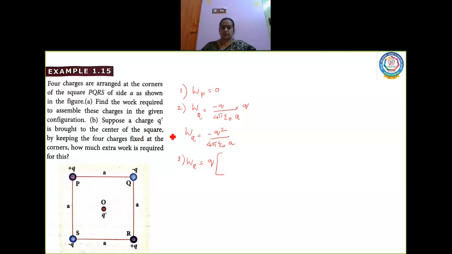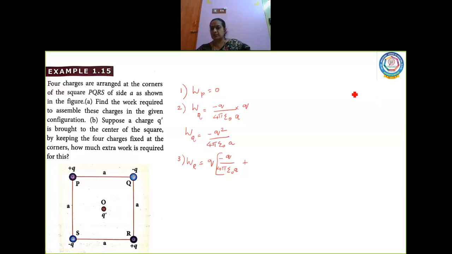So minus q, the potential is minus q by 4 pi epsilon naught a, plus, what is the potential at P? Now here I have to consider the distance, which should be the diagonal. So what should be the distance PR, children? PR will be in a square.